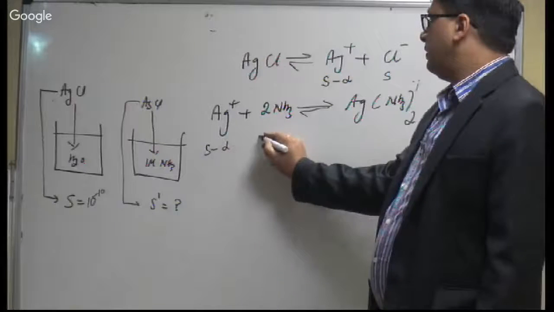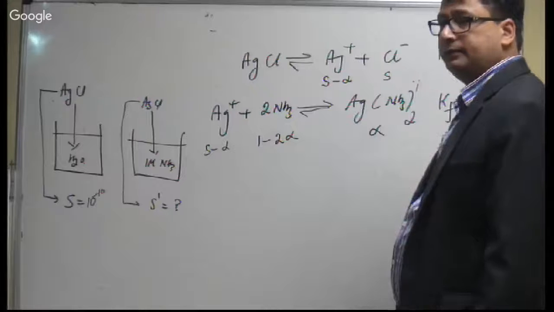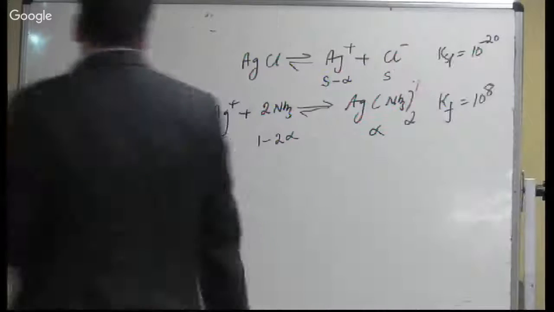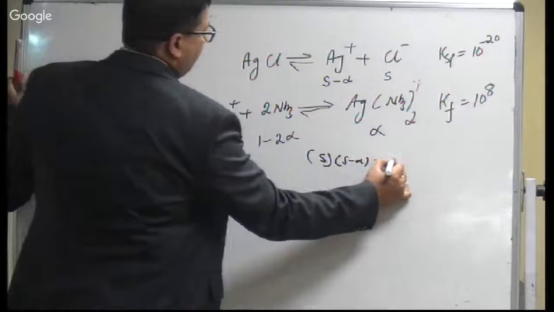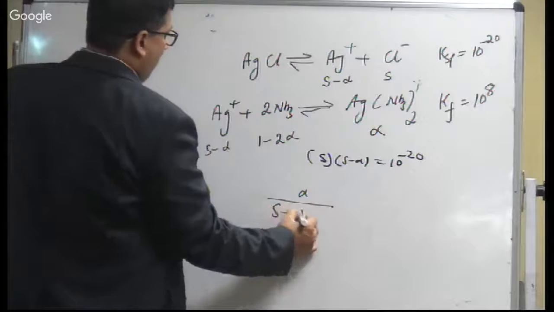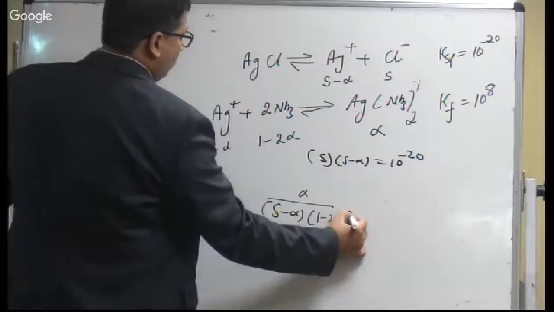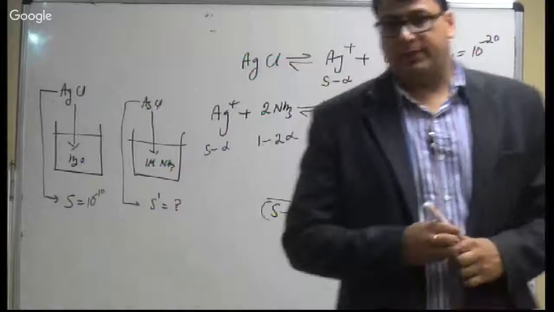This will be 1 minus 2 alpha. This will be alpha. So we have two equations. One is S into (S minus alpha) is 10 to the power minus 20. Second is alpha by (S minus alpha) into (1 minus 2 alpha) squared is 10 to the power 8. So two equations, two variables, right?